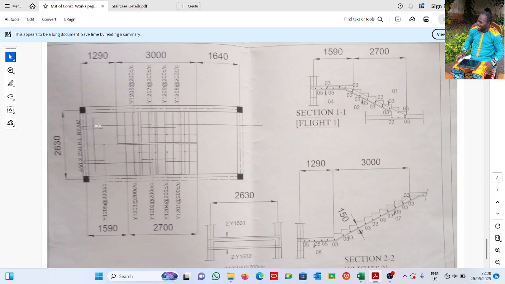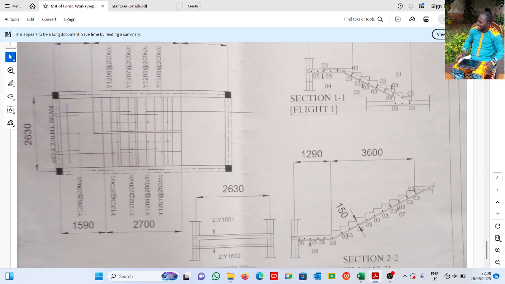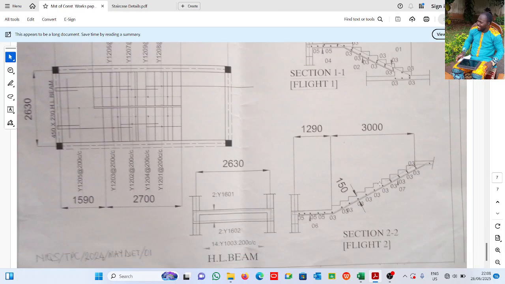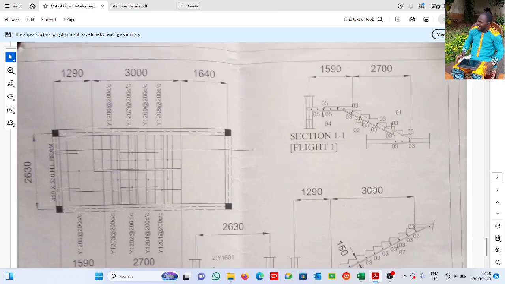Now, if you come here, the landing first, concrete work in landing. This is the landing here. You can see this landing here is not all that straight, that we could just take length times breadth and then the thickness. Also, if you look at this detail very closely, you will see that we don't know the thickness of the landing.